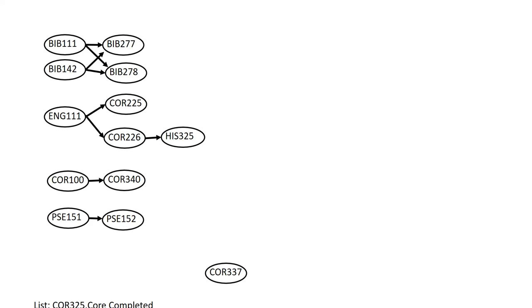That gives me history 325. So I take it off the graph, put it on the list. And now I have a number of possibilities. And I pick core 337. Actually, that's not quite following my rule of logic about the one with the longest path, but this will work.